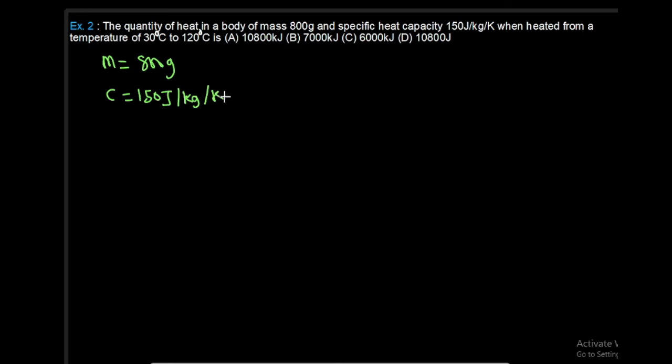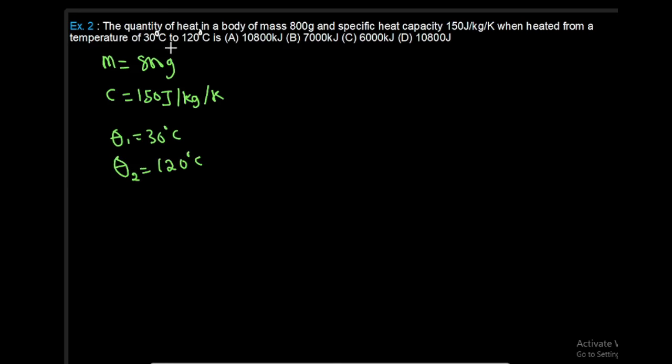When heated from a temperature of 30 degrees Celsius to 120 degrees Celsius, we have initial temperature to be 30 degrees Celsius and final temperature to be 120 degrees Celsius.